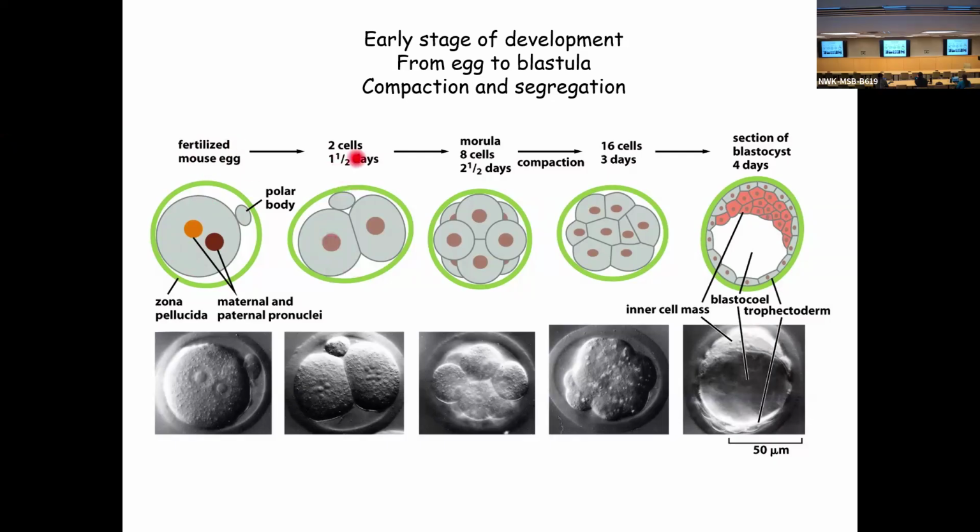And then 2 cells to 4 cells, 8 cells. It's a rapid process, and 16 cells, 32 cells, and finally the blastocyst. The intermediate form here is the morula.